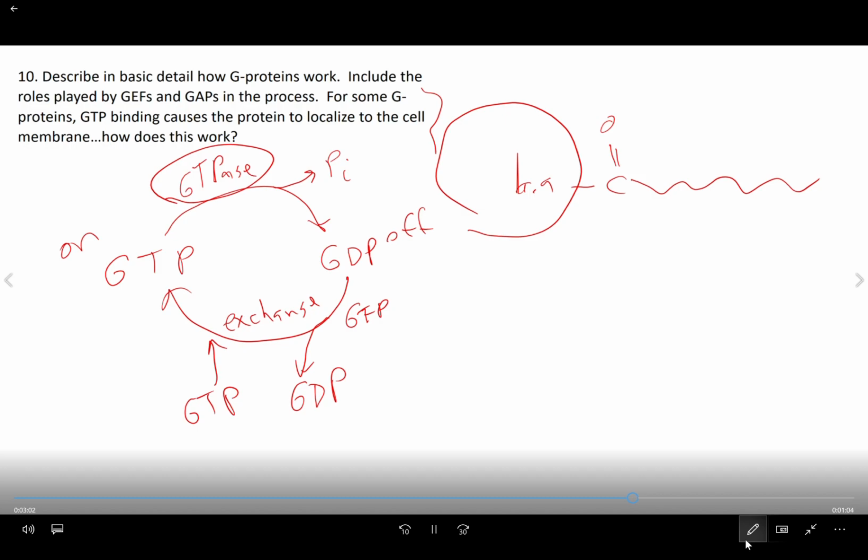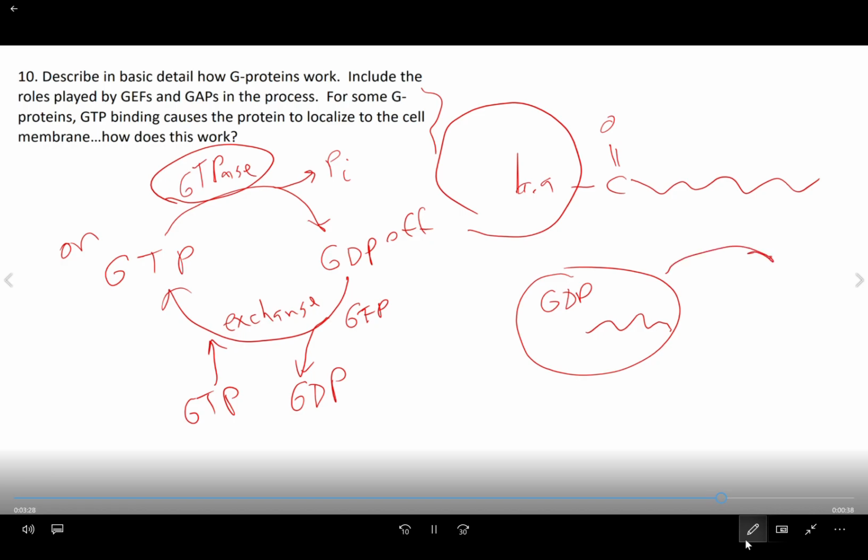Well, there's some of these G proteins that are actually lipid-bound proteins. And in a certain state, they can have the lipid basically pointing inward towards the hydrophobic core of the protein. This is the GDP bound state. So when its function is turned off.